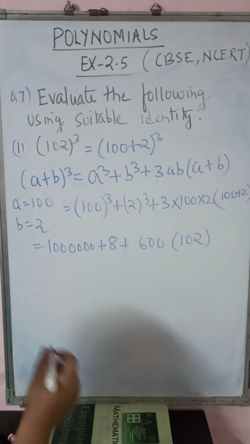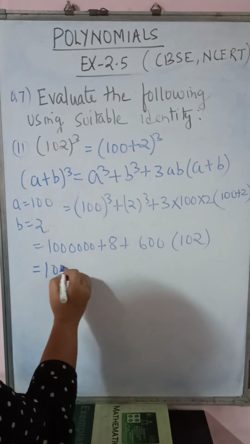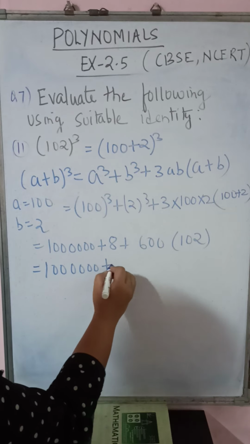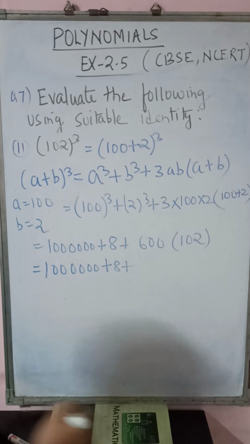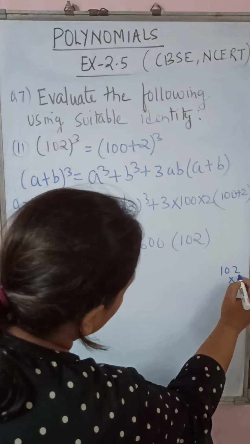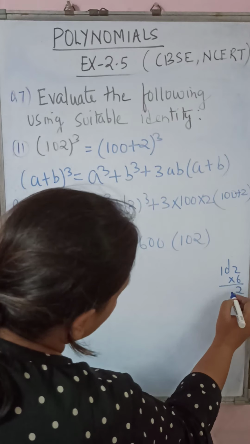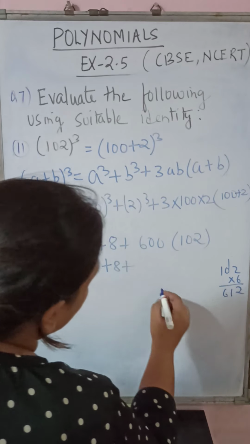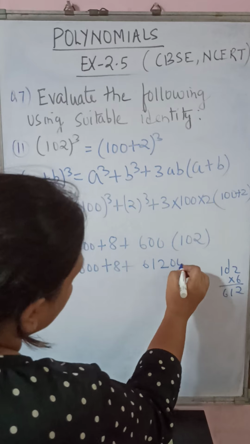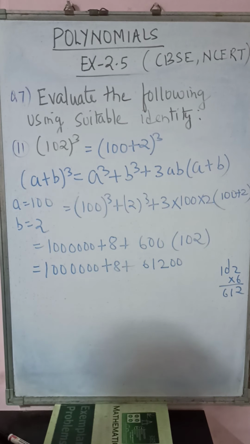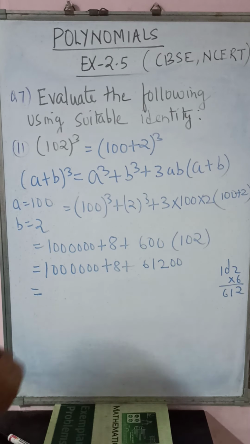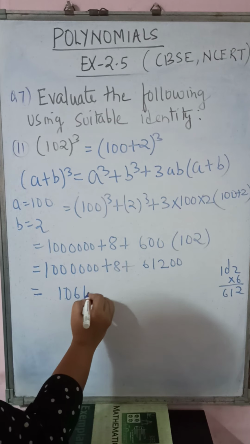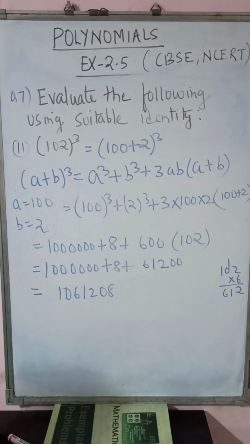So 1 with 6 zeros, plus 8, plus 102 into 6. 102 into 6: 6 twos are 12, 6 zeros are 0, 6 ones are 6, so 612, and with the two zeros, 61200. 100 plus 2 is 102. Now just add all and write down the answer: 1061208.